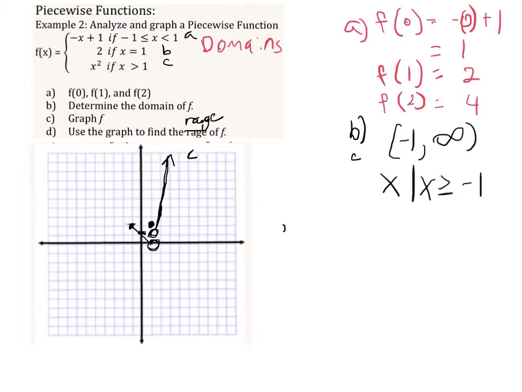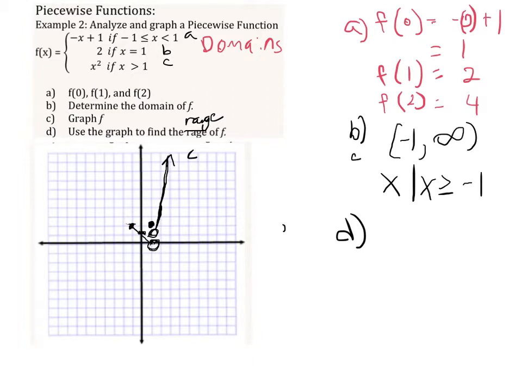And then for D, our range, well, we don't include 0 here where one of our functions hits, but we shoot from that point.